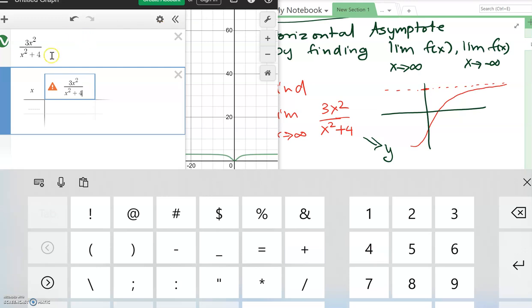Okay, so I've entered the function 3x squared over x squared plus 4.